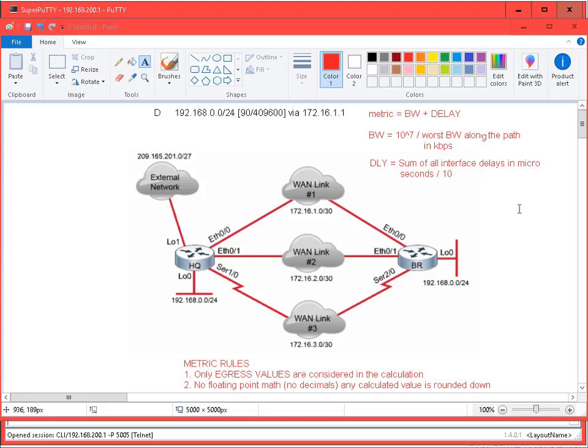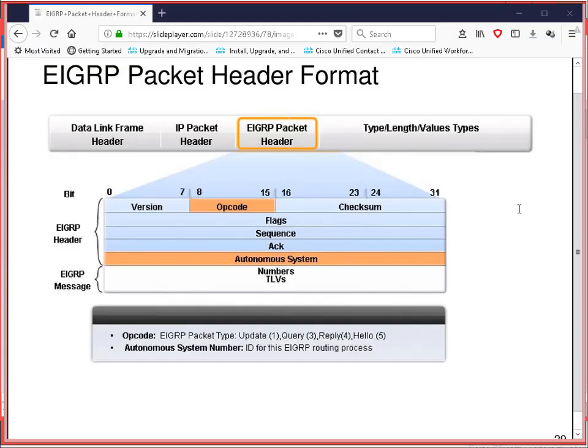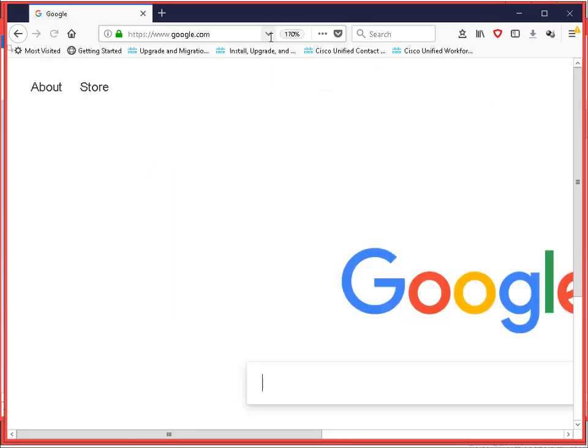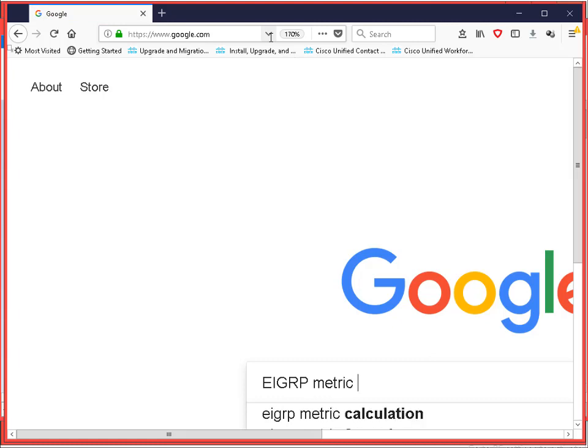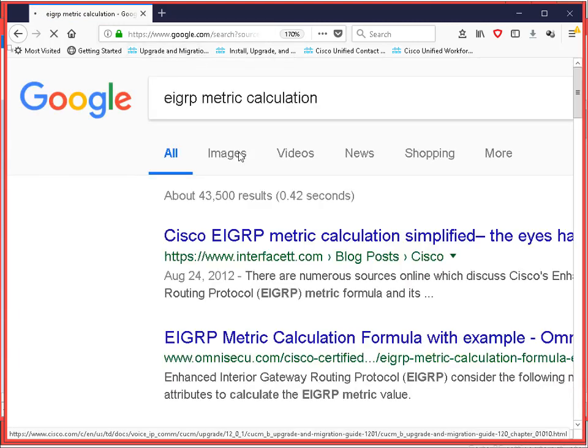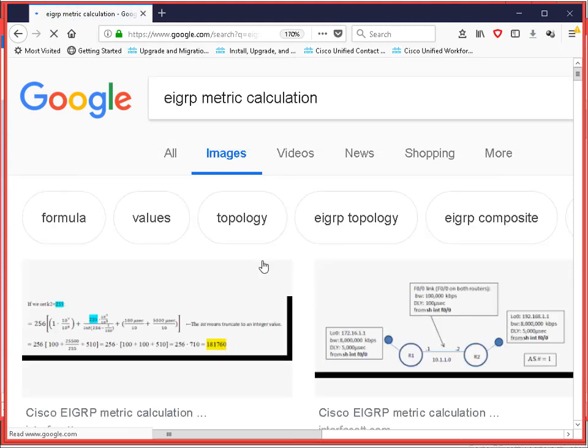In fact, since we're going down this path anyway, I'll show you what the formula looks like. I'm not going to talk about it in detail right now, but I will show you what it looks like.